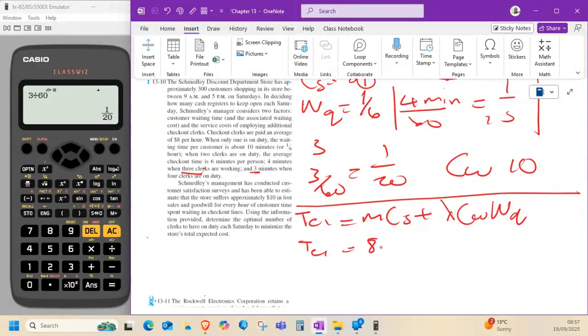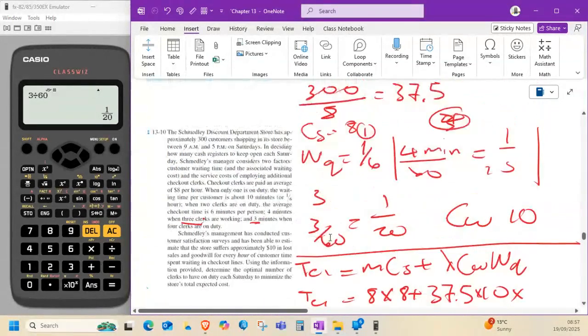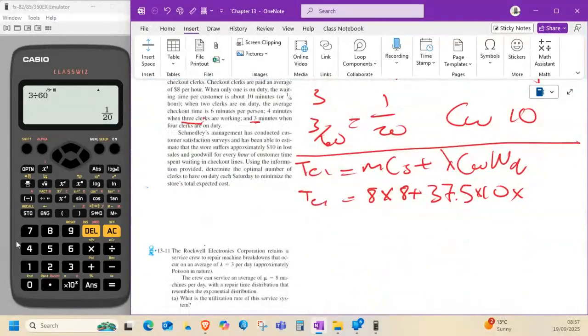It's 8 times how many hours? 8 hours, plus 37 customers times CW, that is 10, times WQ, that's your waiting time, which is 1/6, multiplied by the overall working hours.